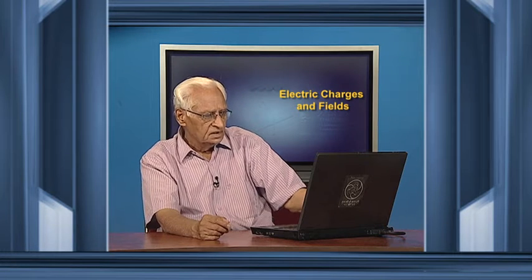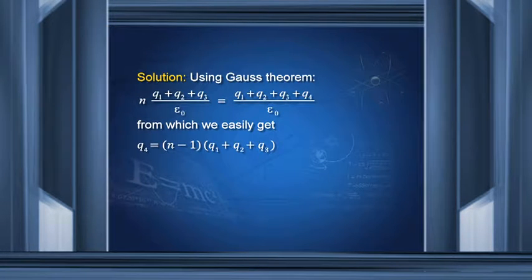It's very simple. The result is that Q4 is n minus 1 times Q1 plus Q2 plus Q3. Note that if n is equal to 1, Q4 is equal to 0. If the flux through this sphere is the same as flux through this sphere, obviously Q4 must be 0, because it has not contributed anything to the flux through S1.